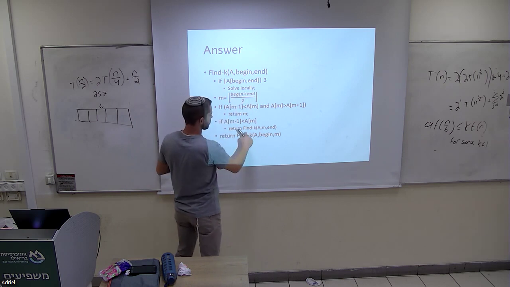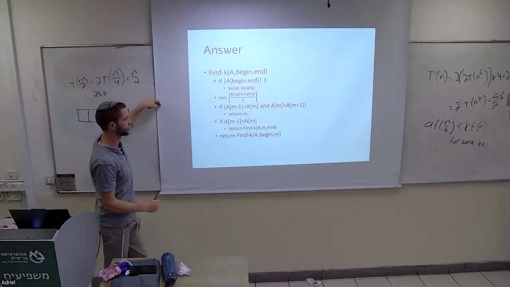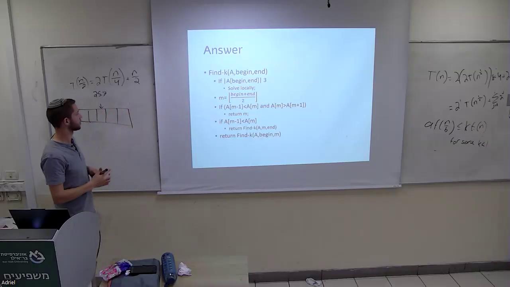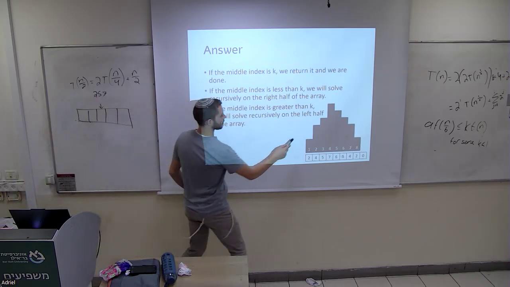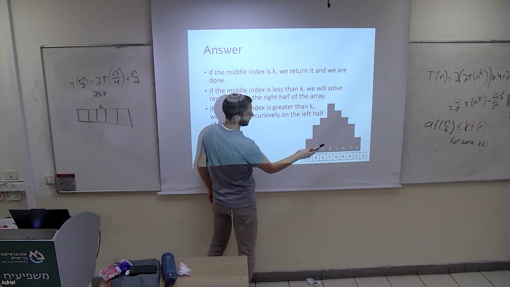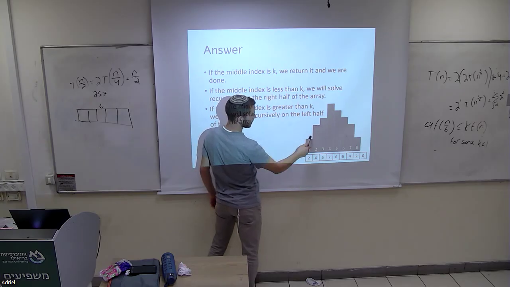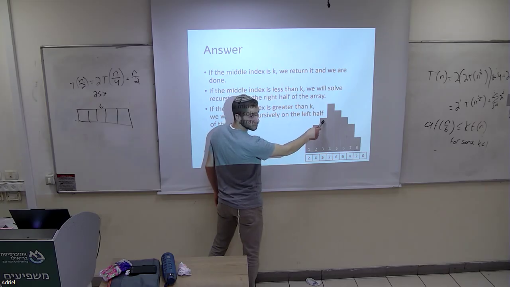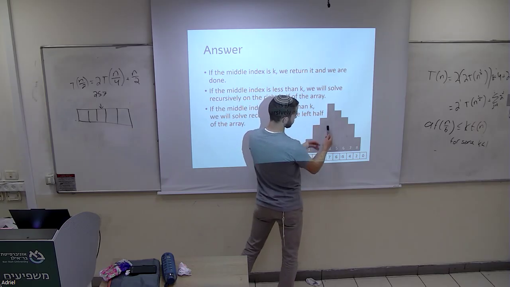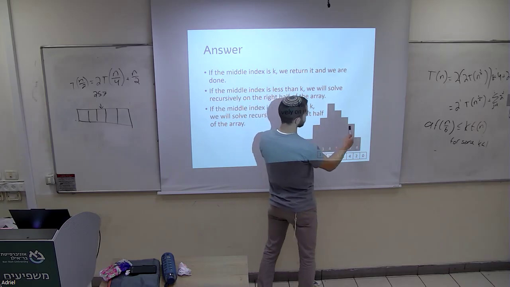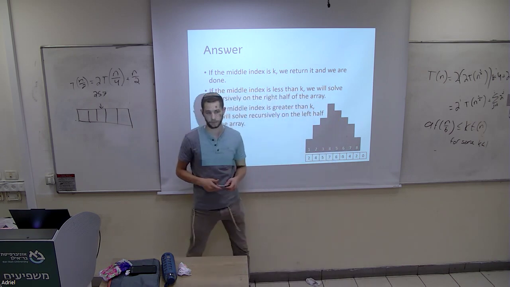And else we know it's actually the other way, and we have to go to the right side. We go back to the example. If we're here, we know it's not k because both of the sides are not smaller than it. So we go to the side that's bigger. So we divide it to this half of the array, if we divided it in the middle. And if we're over here, then we go to that side of the array.